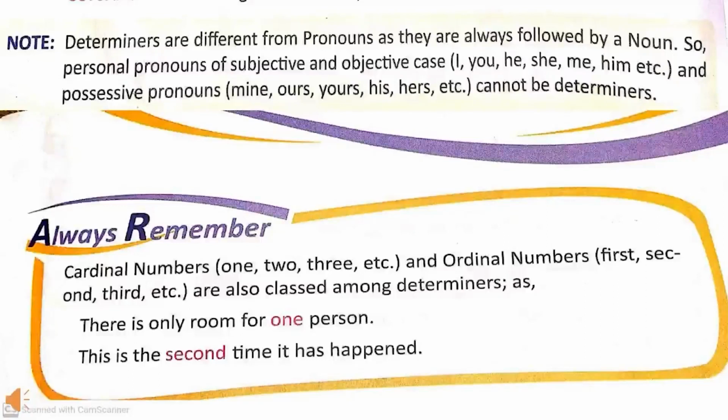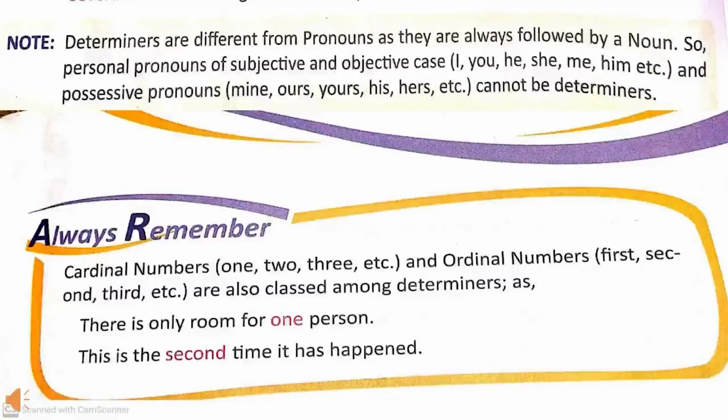So personal pronouns of subjective and objective case, I, you, he, she, me, etc., and possessive pronouns like mine, ours, yours, his, hers, etc., cannot be determiners. Means determiners are used before nouns.